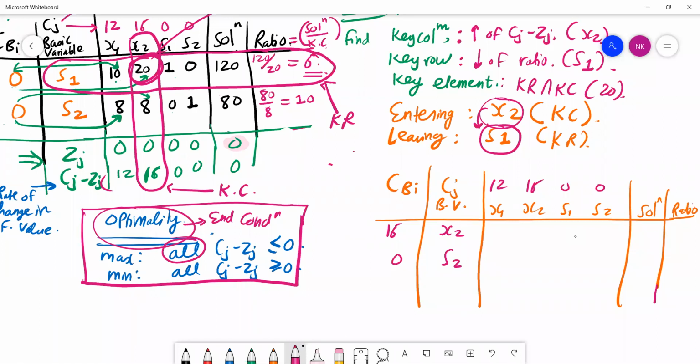So we decided to remove S1. But we found that in place of S1, X2 is the variable which is contributing much more to the profit. So we have entered X2. You can see we have replaced S1 and entered X2, and corresponding to X2, we have written the coefficient that is there for X2.